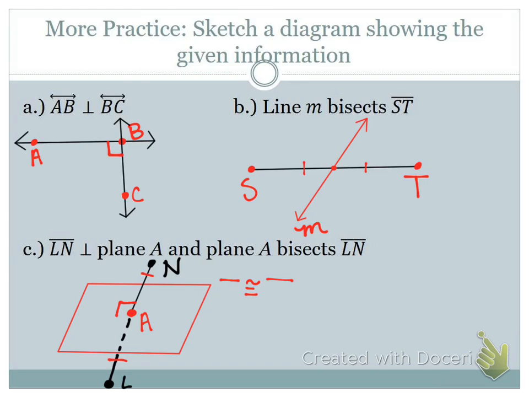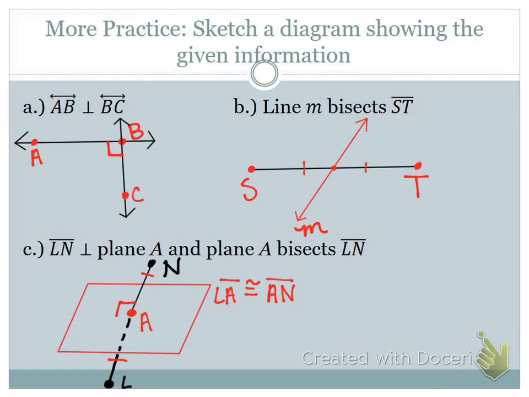Which two? LN is the whole big segment. I want to talk about the two little ones. Okay, LA and AN, or NA and AL, however you want to talk about them. You could make a little statement off to the side saying, I want these to be congruent.